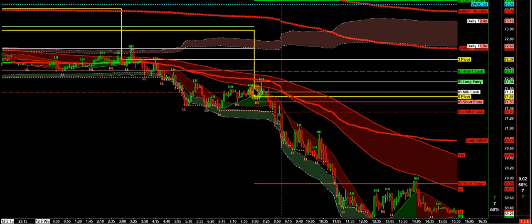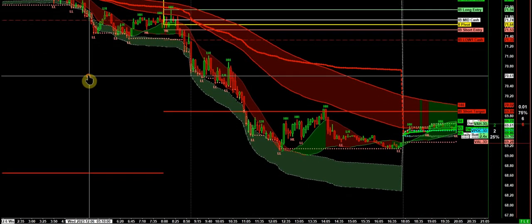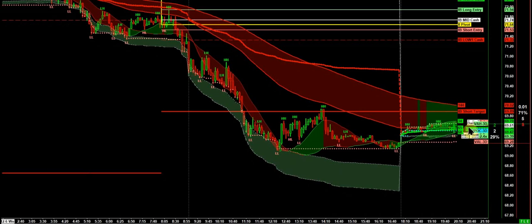If all you had was the bigger cloud and your VWAP right there, and your levels from the 8 o'clock, boom, there you go. Anyway, hope this was helpful. Now, of course, it's going to go back up.